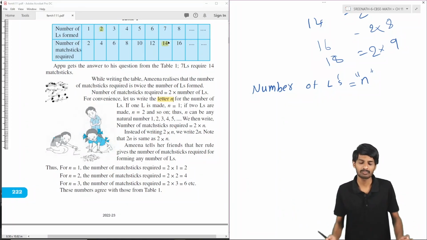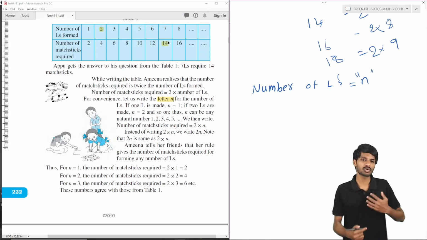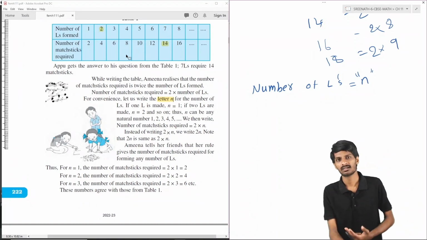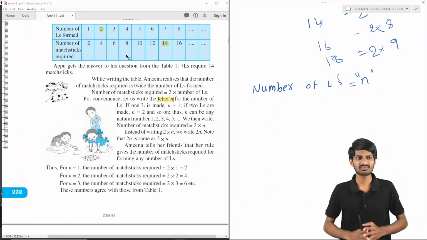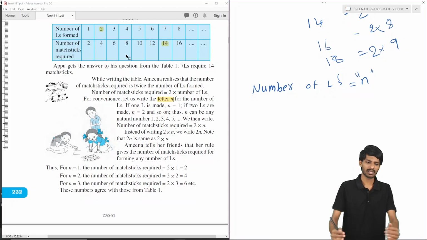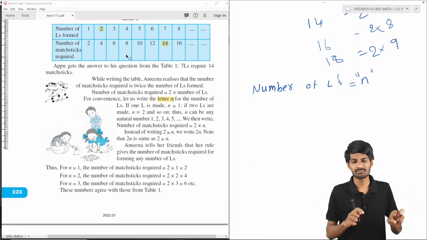The 7 changes to 10. Drawing the table and doing the task every time is difficult, so we are making the process simple. Sometimes 7, sometimes 10, sometimes 11, like that. Every time the numbers are changing. That's why we are representing those numbers with a letter.